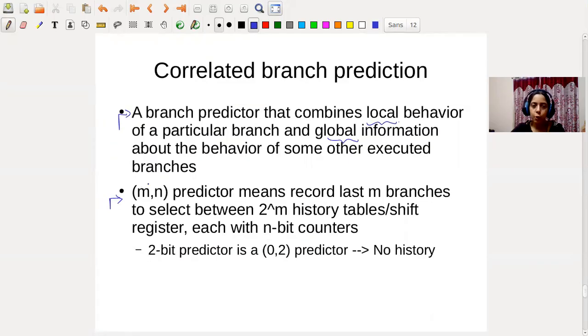So here M is going to be 2 because we want to keep track of the last M branches. If we have M branches, then obviously there are going to be 2 power M history tables. For each branch, we're going to keep a history table to keep track of its previous outcome.